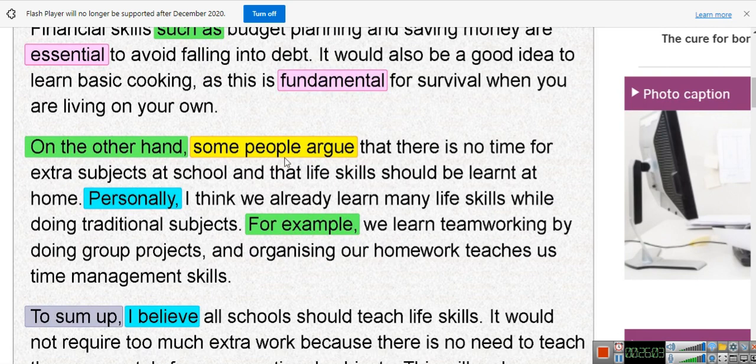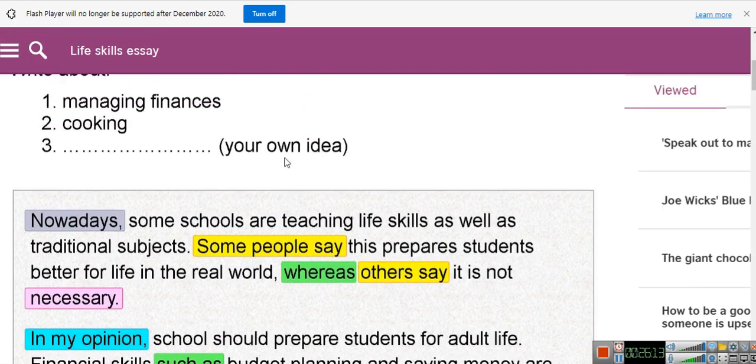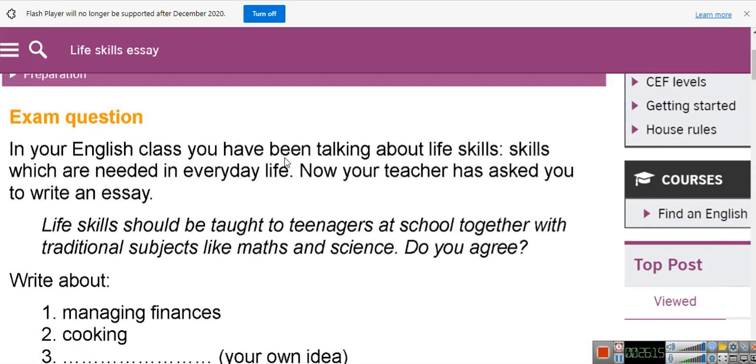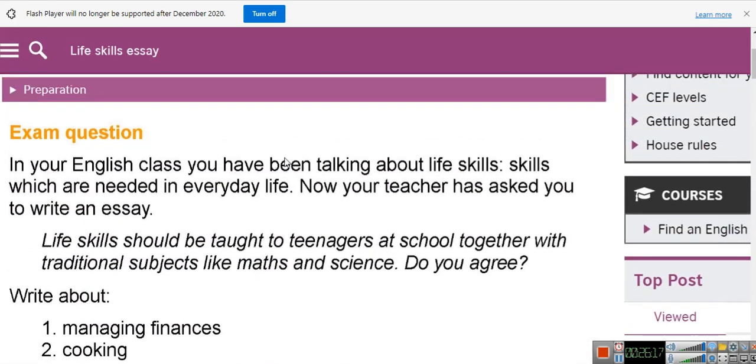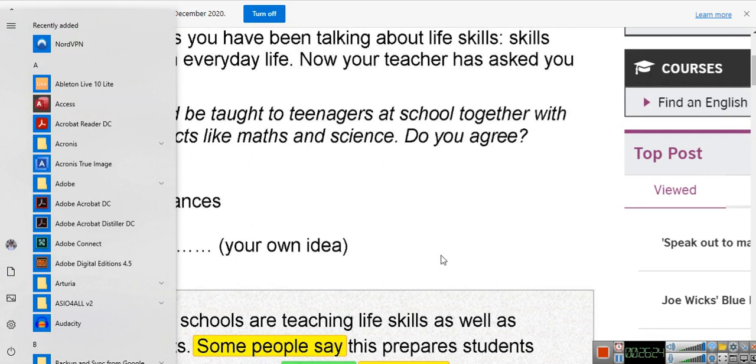And then, "on the other hand, some people argue that people should learn life skills at home." This is his topic, and he's incorporated it into the big topic of life skills. That is a very good example of the topic of life skills and how we should consider writing.